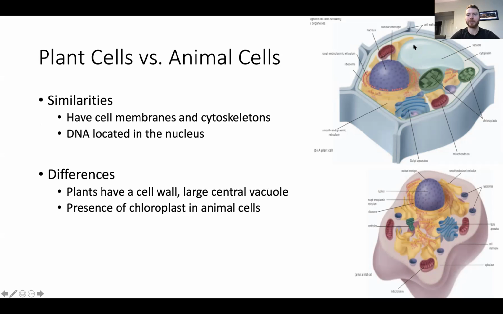Up at the top, here's the plant cell, here's our vacuole, here's our cell wall on the outside, and this should be changed to presence of chloroplasts in plant cells. Let me just fix that right now.